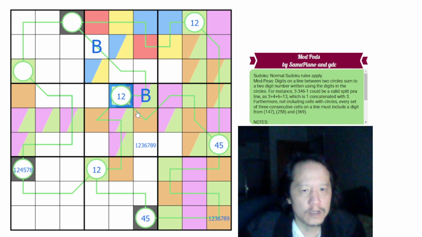So if this is green, then these become dark. If this is dark, then these have to be the 3, 6, and 9 ones.